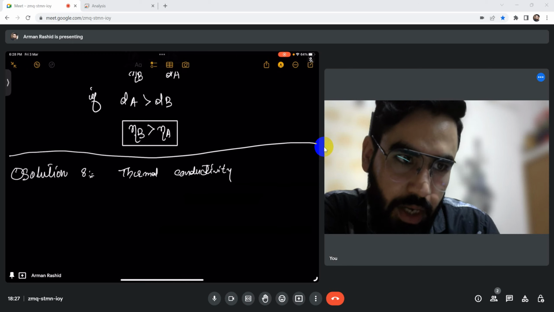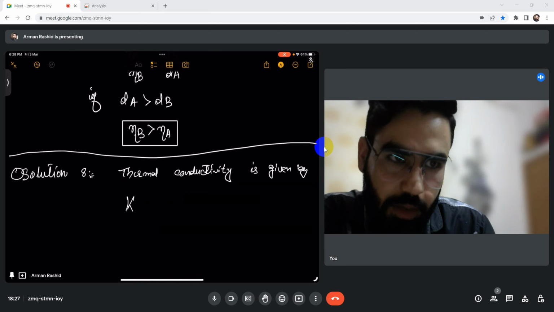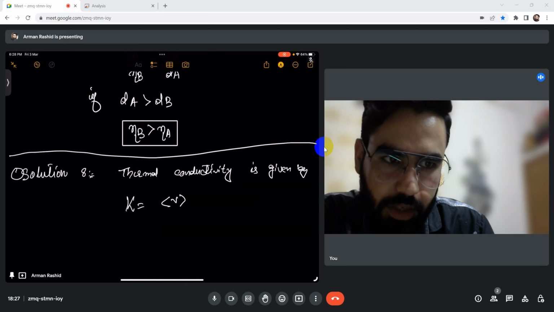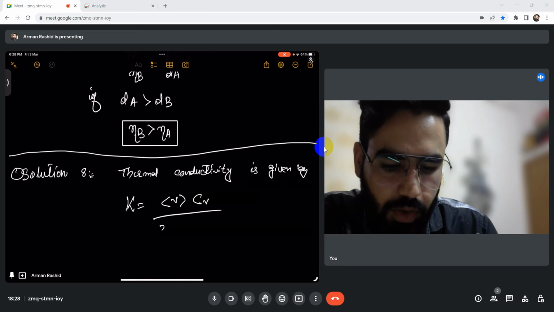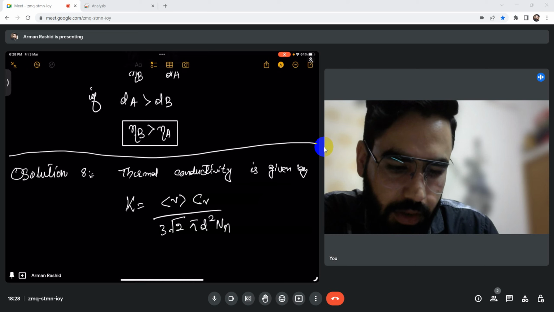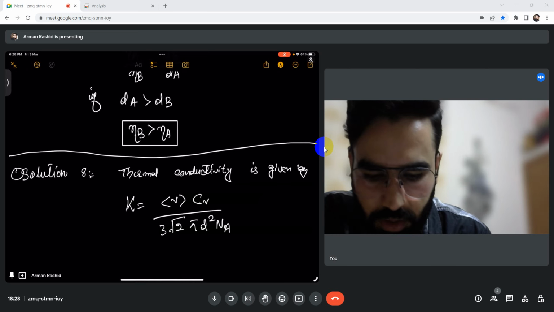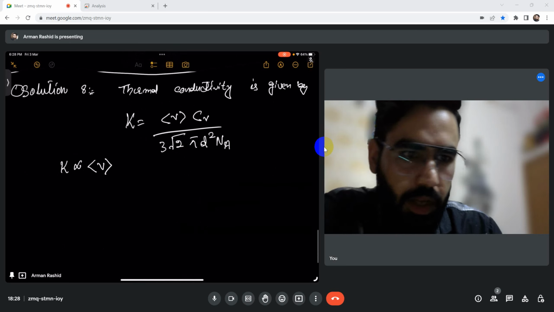We know that thermal conductivity is given by this relation I have shown: average velocity, Cv, the heat capacity at constant volume for the gas, then 3 by root 2 pi, a constant, d square, where d is the diameter, and N is Avogadro's number. So K, thermal conductivity, is directly proportional to the average speed.